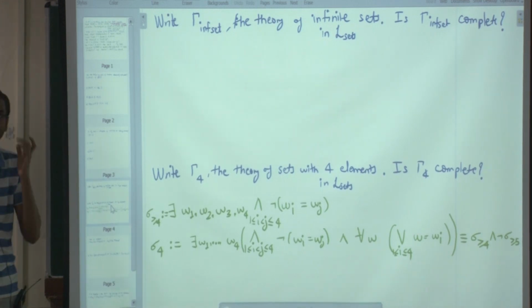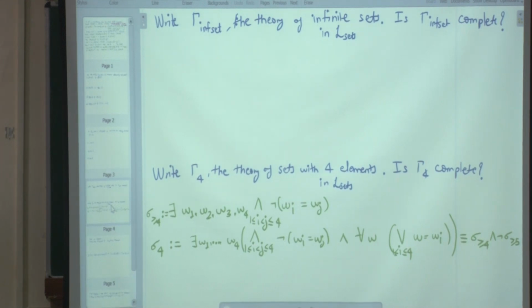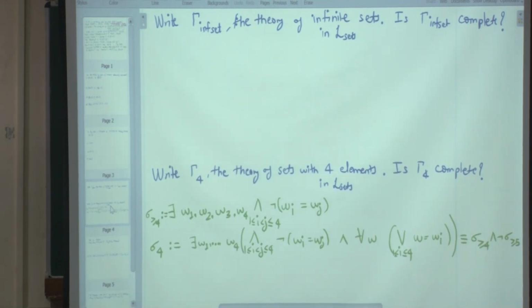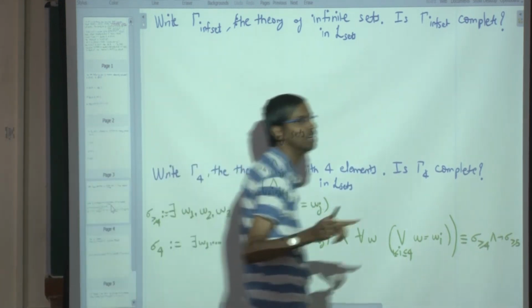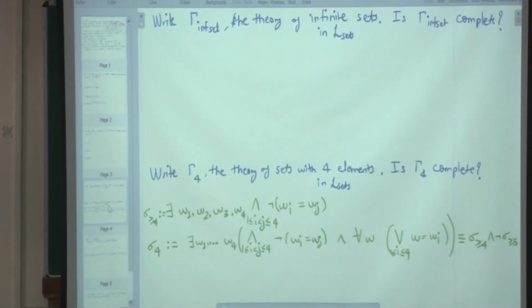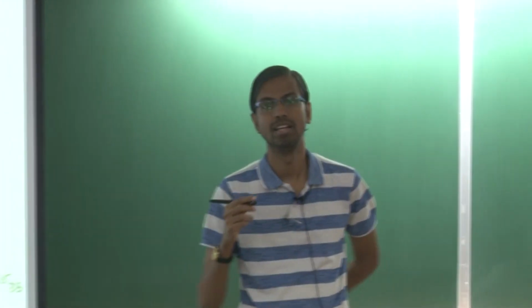What is the theory which says that there are infinitely many elements? Any ideas? Can you write down a single sentence which says that there are infinitely many elements? We can first say that there exists W1, and then another sentence like for all... the infinite conjunction idea.